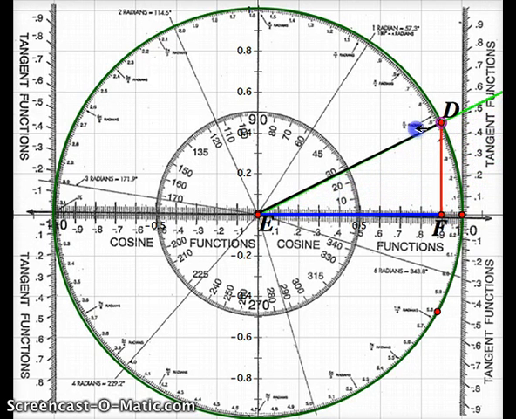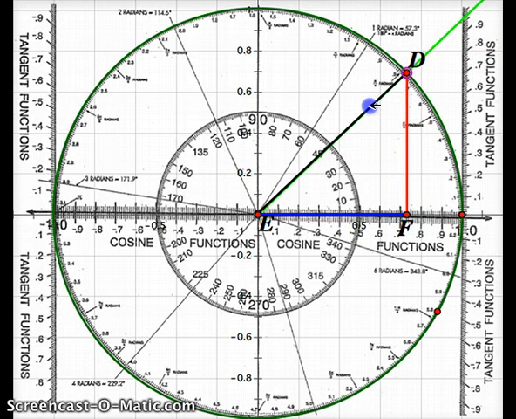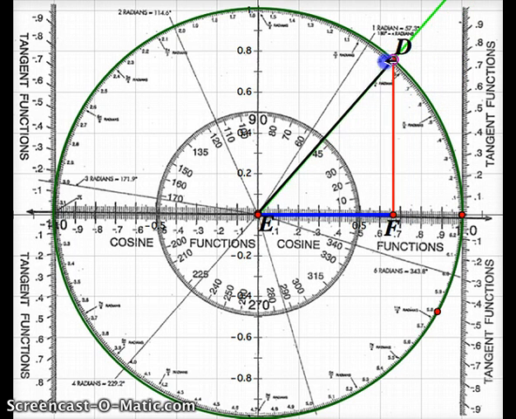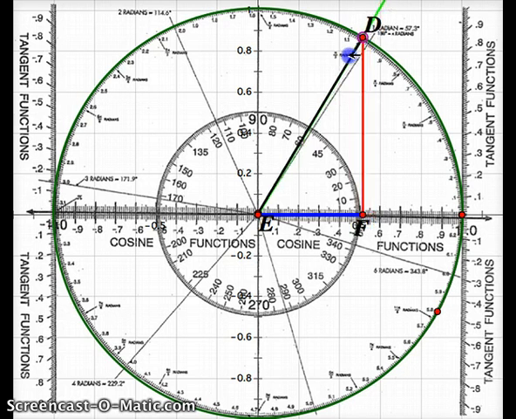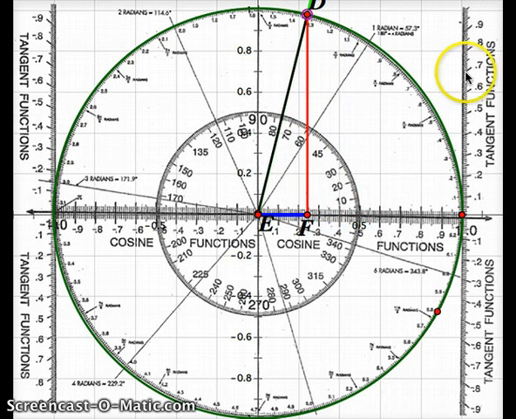Now let's see if we could get close to 45 degrees. Well, that is very close to 1. If you notice, 0.9, 0.95, and 1. So hopefully that makes sense. Also notice that that green line is going to go way high up there. This scale over here to the right is going to get huge.